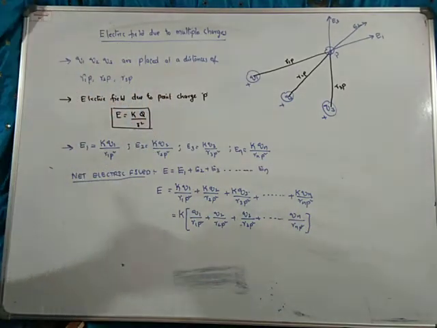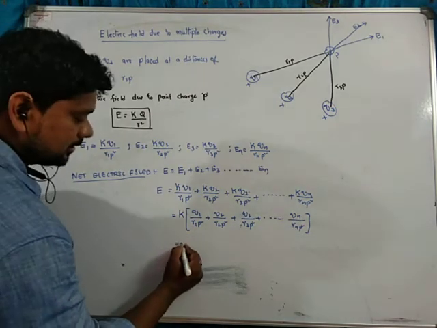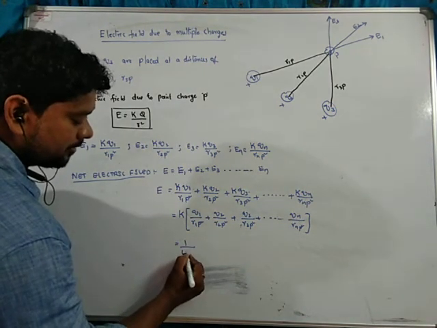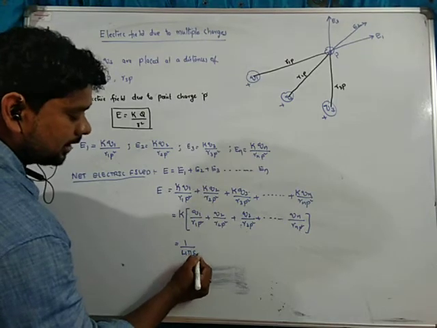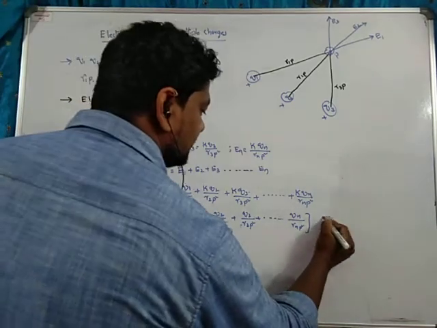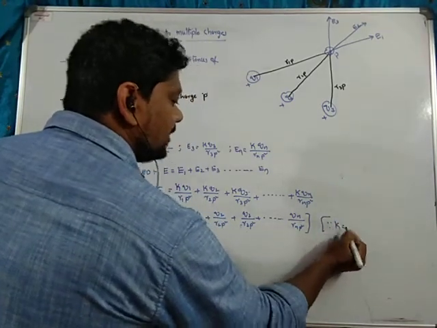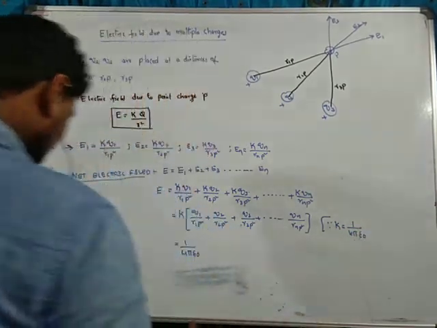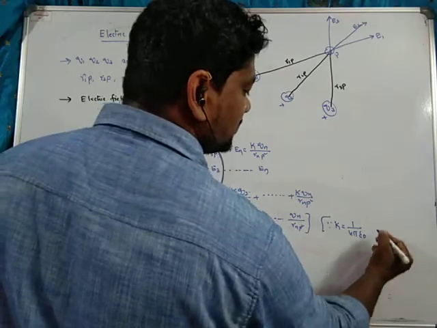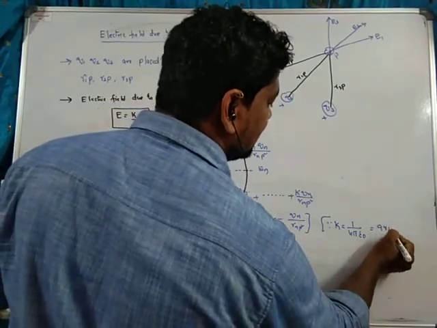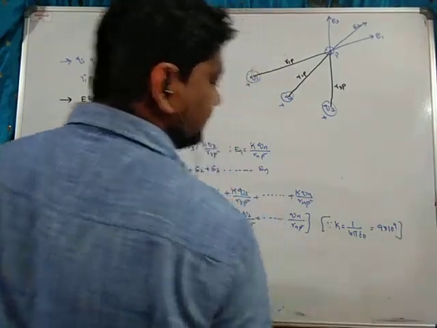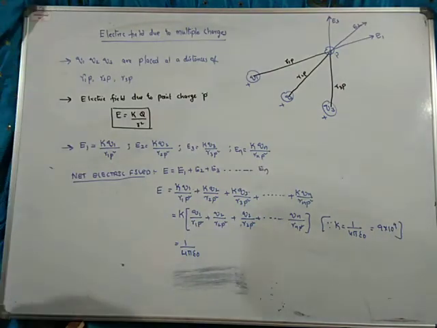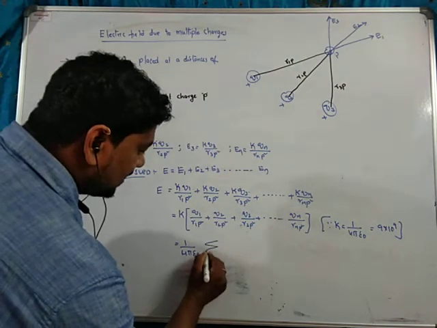If you write this in sigma format, the K value we know is 1 by 4 pi epsilon naught. The value of K we already discussed theoretically as 1 by 4 pi epsilon naught, and if you substitute the values we get 9 into 10 to the power of 9.